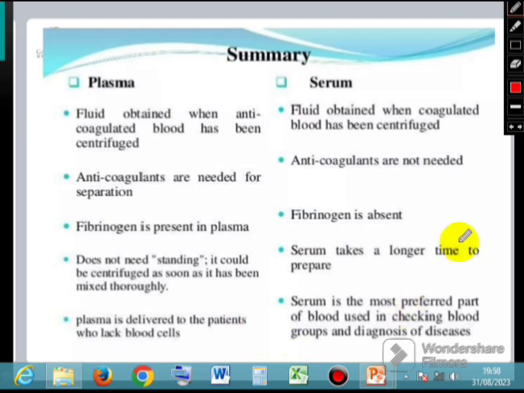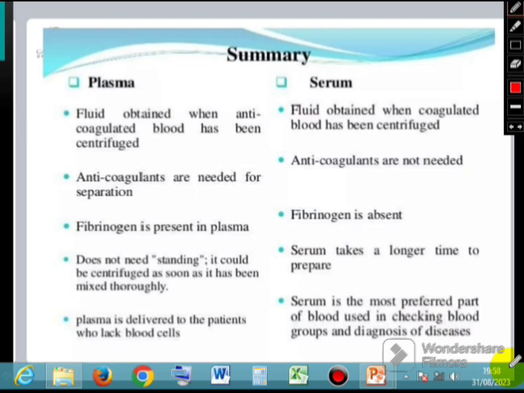Plasma is delivered to a patient who lacks blood cells. Serum is the most preferred part of blood used in checking blood groups. Okay? And it is also used in disease diagnosis.